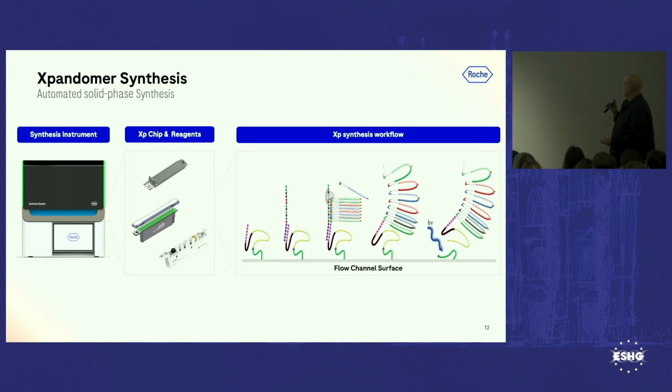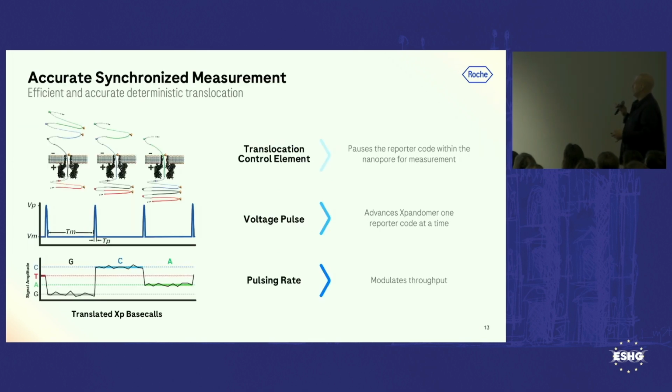You have an oligo on a surface, hybridize a template, throw in a cocktail of expandamer synthesis reagents to do a template-dependent copying of the template, cleave at that amidate linkage I showed you earlier to expand, and then use an orthogonal cleavage, photocleavage, to release the expander from the support, releasing a pretty clean molecule because you want to be able to measure this in a nanopore and you don't want a lot of noise there.